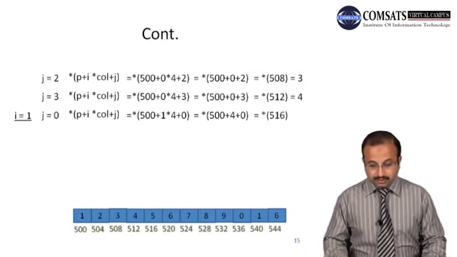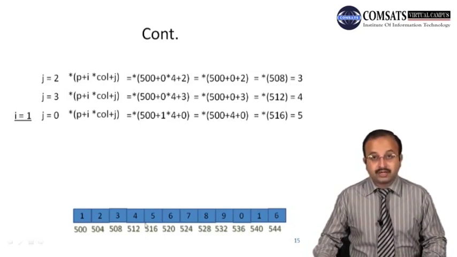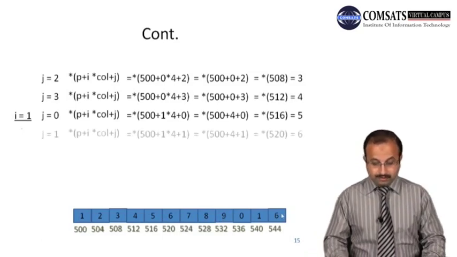So it becomes 516, and the value is 5. Now you see, this is the address of this element, that is the second one-dimensional array. So this is the second row. When I is 1, printing of the second row will start, and when I is 2, printing of the third row will start.